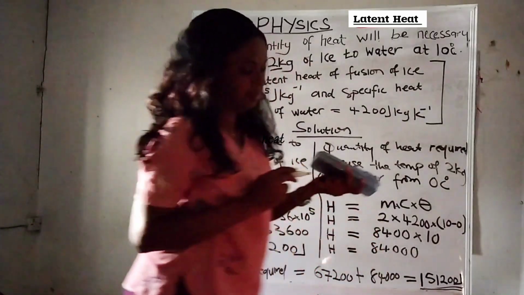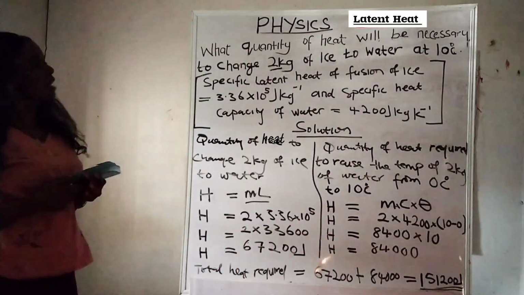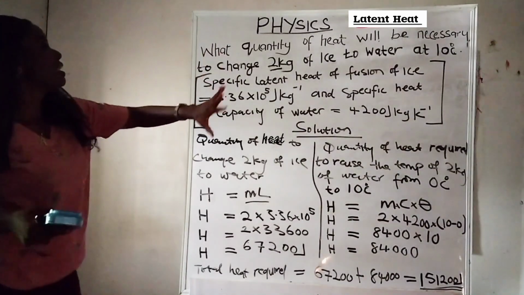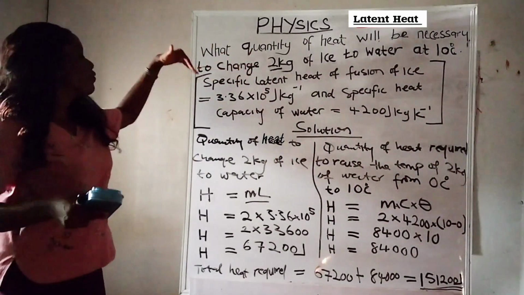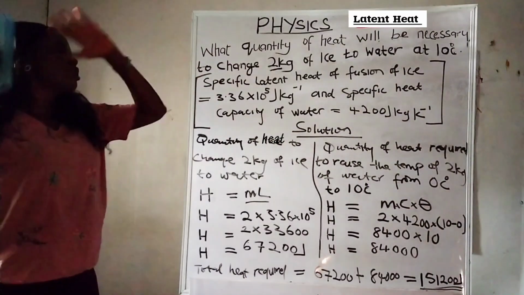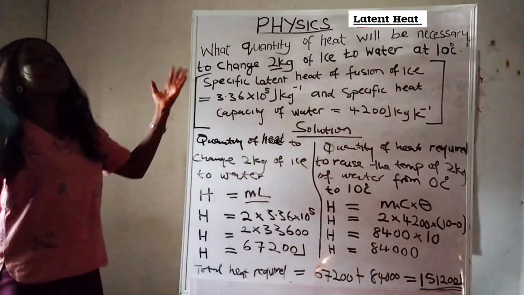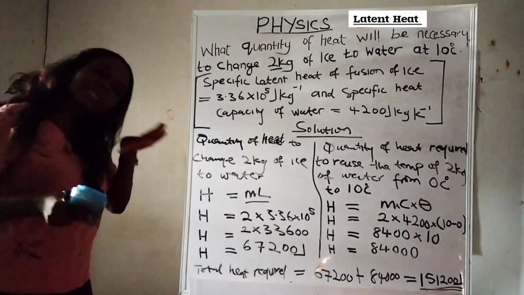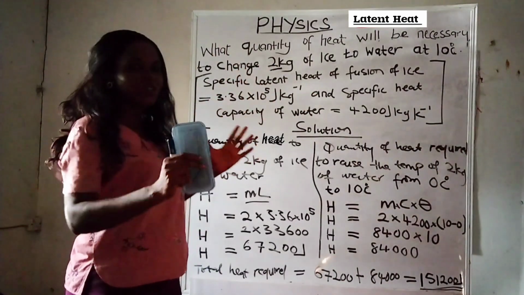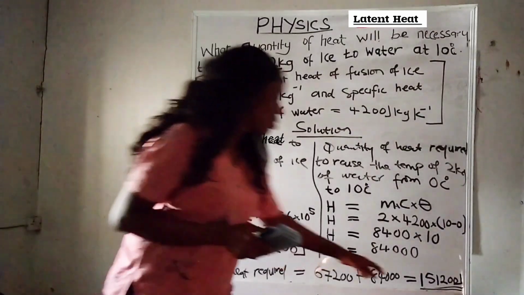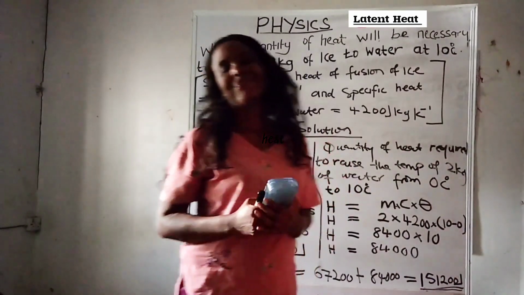Answer. Yes, we have come to the end of this question, and we have obtained the total heat required both to melt these 2 kilograms of ice from ice to water at 0 degrees Celsius, and also to increase the temperature from 0 degrees Celsius to 10 degrees Celsius. We have obtained the total heat to be 151,200 joules.